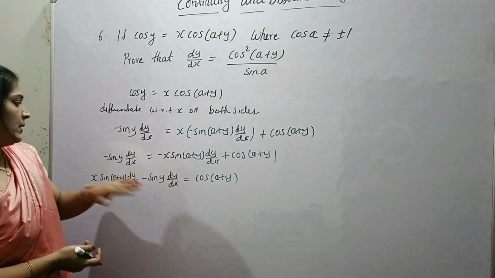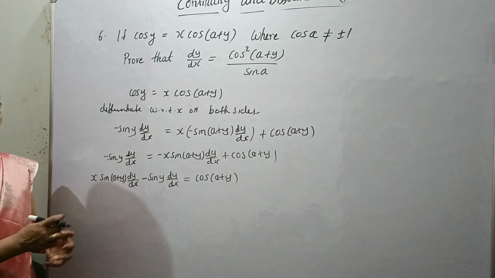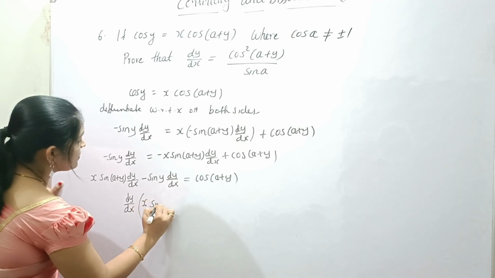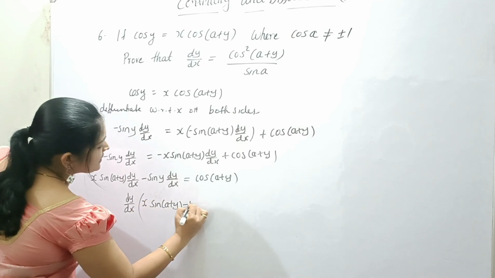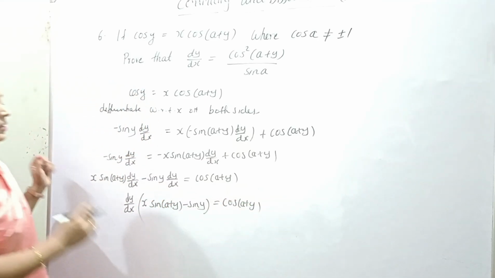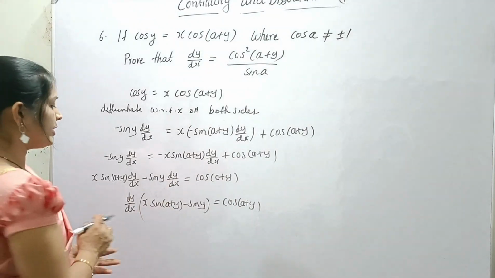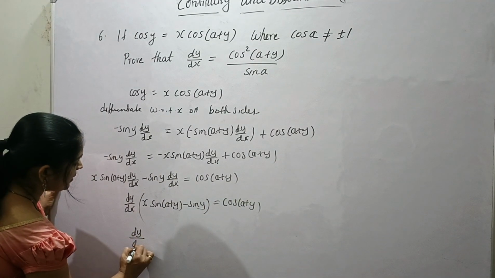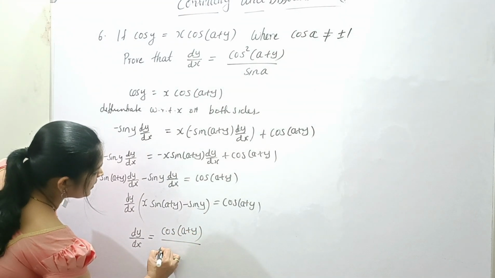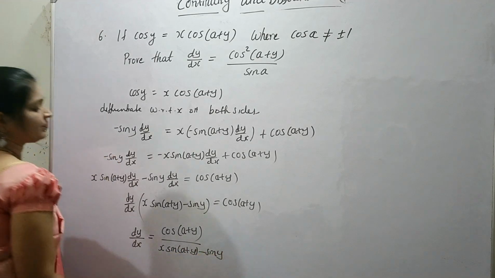In both terms dy by dx is common, so let's take it out. dy by dx into x sin a plus y minus sin y is equal to cos of a plus y. Then dy by dx is equal to cos of a plus y divided by x sin of a plus y minus sin y.